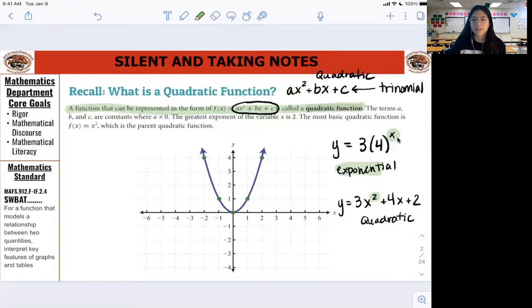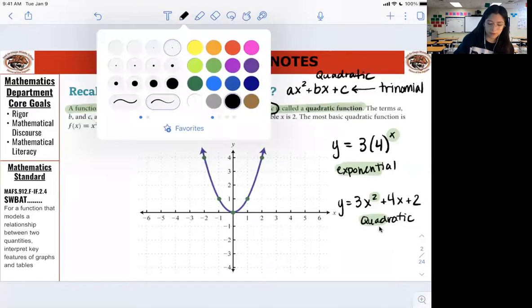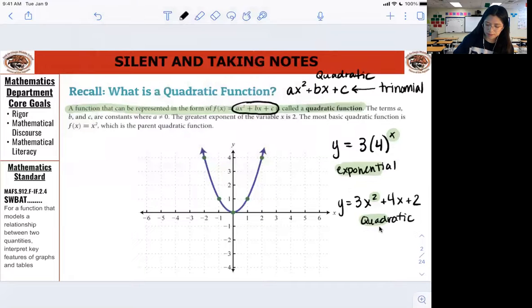Quadratic functions, quad, what does quad remind you of? 4. What has 4 sides? A square. And a rectangle. Yeah. Think of a square. Square, 2. Power of 2. Okay? So that's one way to remember the difference.